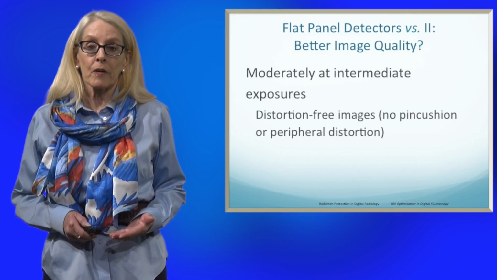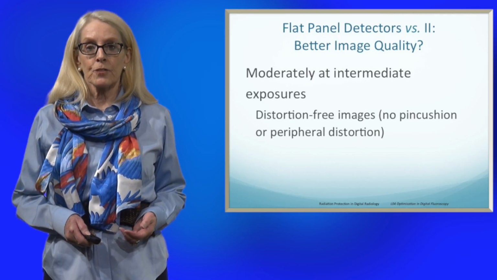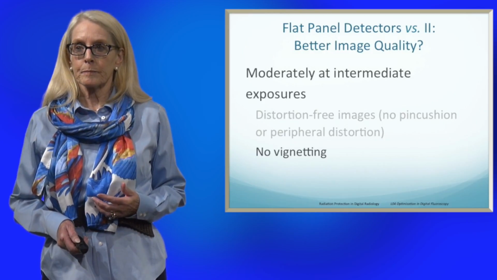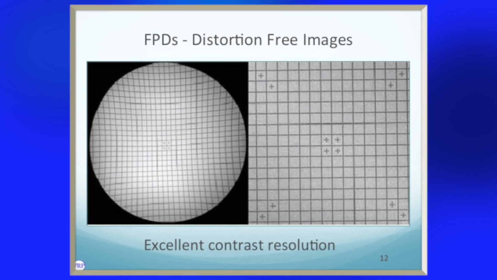It doesn't matter where you are. And there's no vignetting, which means you don't lose the brightness. And this is just showing you an II image on the left-hand side and the flat panel detector on the right. And you can see just by looking at it, the amount of distortion is basically non-existent with the flat panel detectors, and they give you excellent spatial resolution.